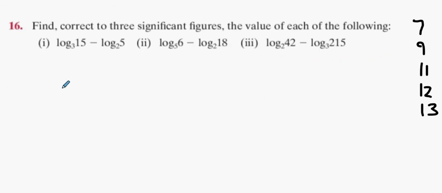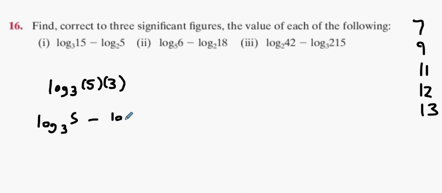So, log 15, guess what they turn 15 into? They turn it into 5 by 3, see that? Then they turn it into log 5 base 3 minus log 3 base 3, and you still have your log base 2 there, don't you?